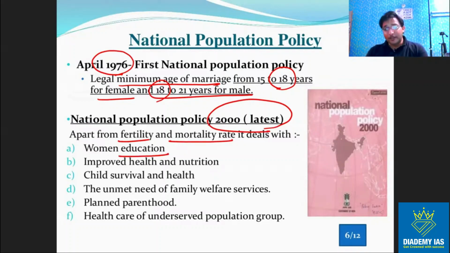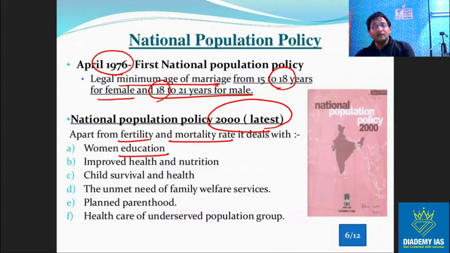When women are educated, they are much more capable of taking decisions, and they can resist the force of the family to produce more children. Normally it is not the women who want to produce more children, but because of family pressure, pressure of in-laws and society, she has to produce more children.